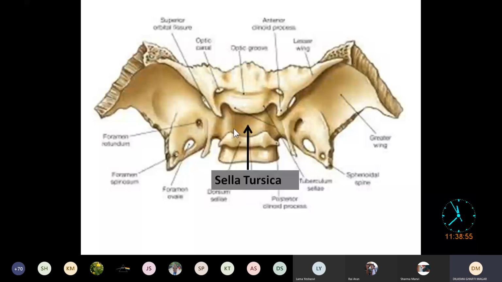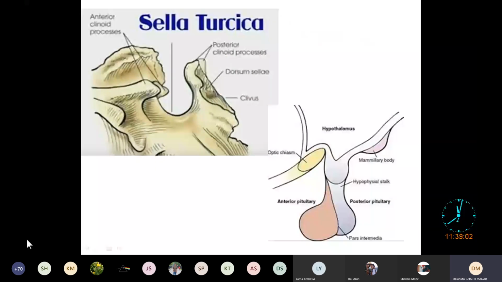Now here you can see the lateral view of the picture. You can see a small space which is somewhat cup shaped, isn't it? And a little bit of constriction is there in the upper portion. This area is known as the sella turcica. Now in the lower picture, I'm showing you the pituitary gland, isn't it?